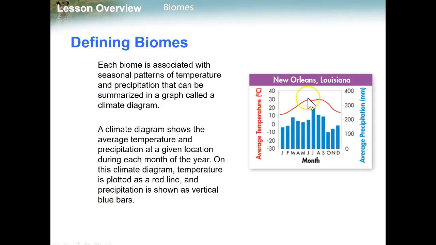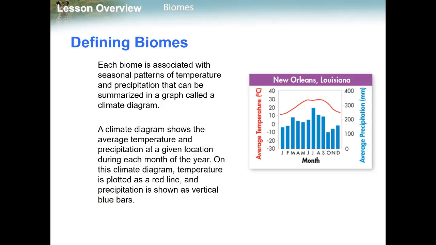And then the red line also goes with the temperature, so it also shows you that during March, April, well, I'll say May, it starts to go up temperature-wise. June, July, it's warm. August, it's warm. September, it's warm. And then the temperatures start to go down October, November, December.